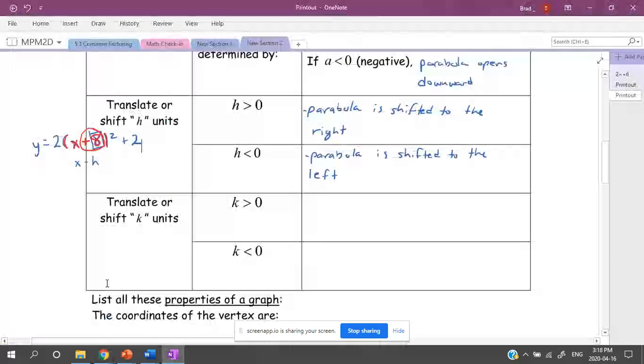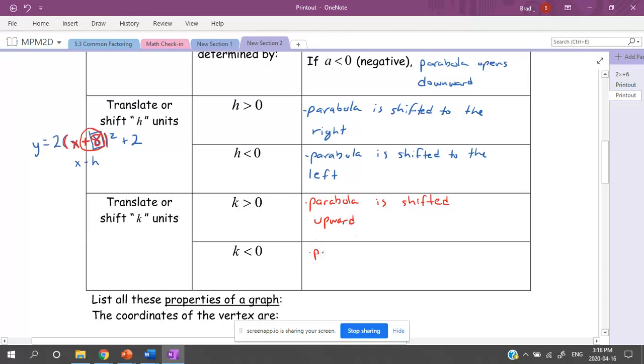K is very similar, except k translates or shifts the parabola up and down. So if k is greater than 0, if it's a positive number, then the parabola is shifted upward k units.